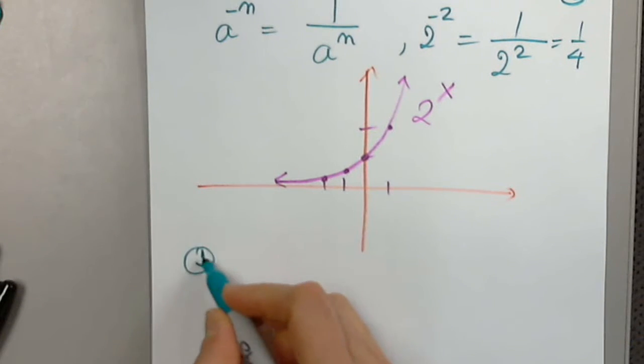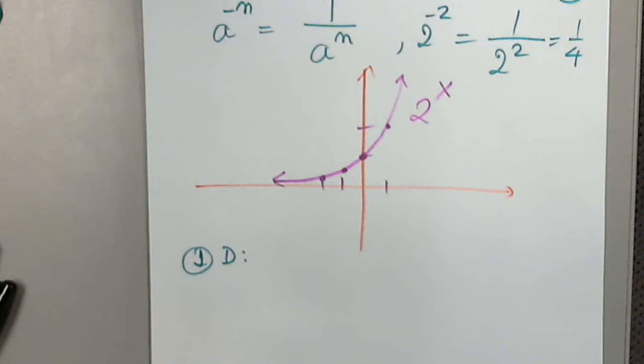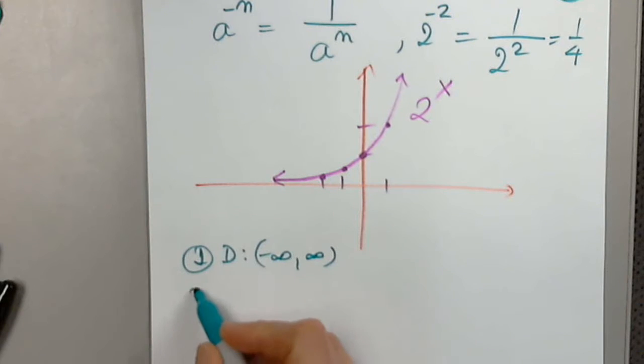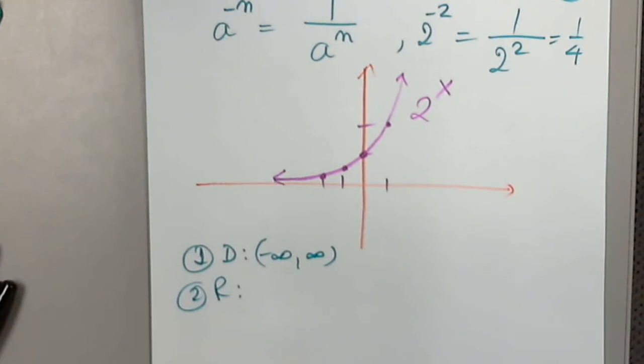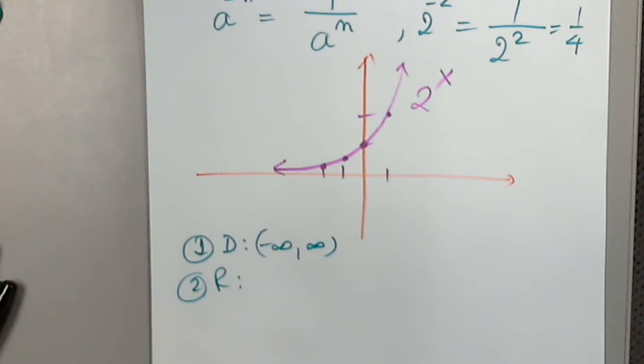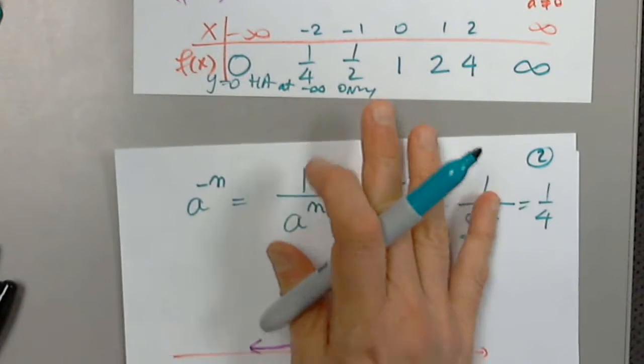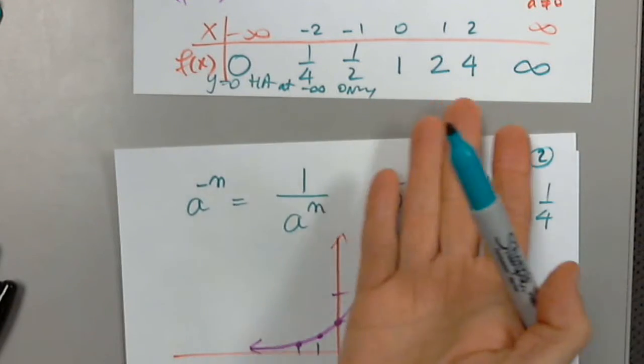Number one, give me again the domain of any exponential function. One more time so we can write it down. Very good. Now please look at the graph and give us the range. The range is right here, right? 0.